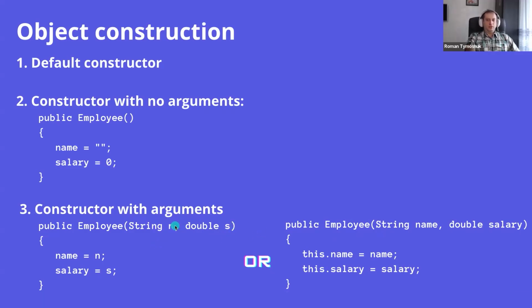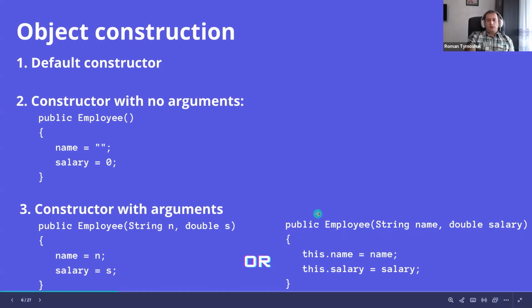N could be number, anything else, so it's not clear. If you're providing self-descriptive variable names, it's already clear that we should provide employee name and salary. And it's quite recommended to keep your class definitions as understandable as possible.